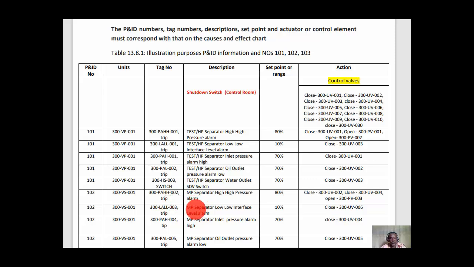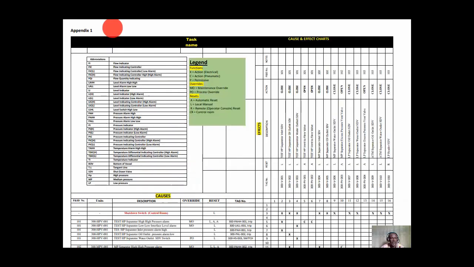It's a medium pressure separator high alarm. What happens when there is deviation, or when the level is above 80%? The valve 300-UV002 will close. 300-PV003 will open.